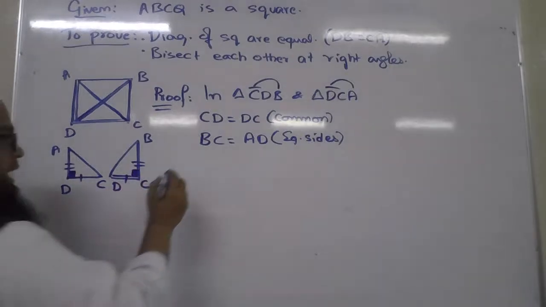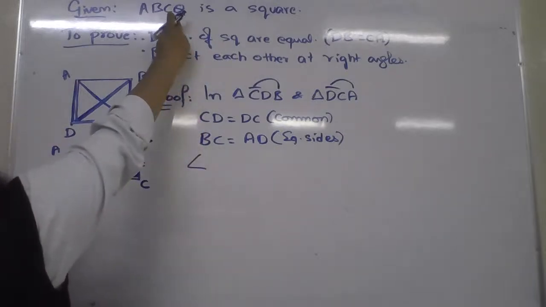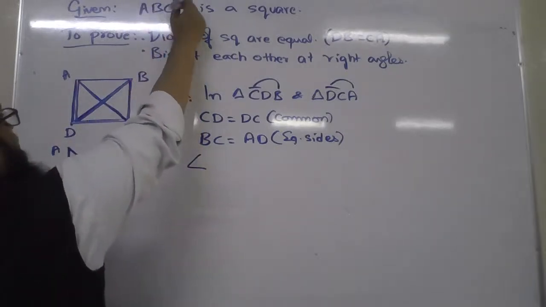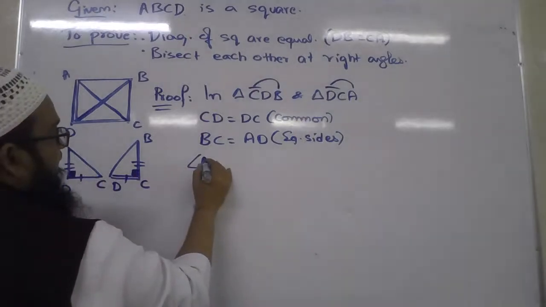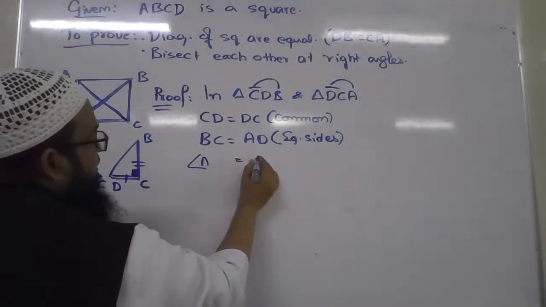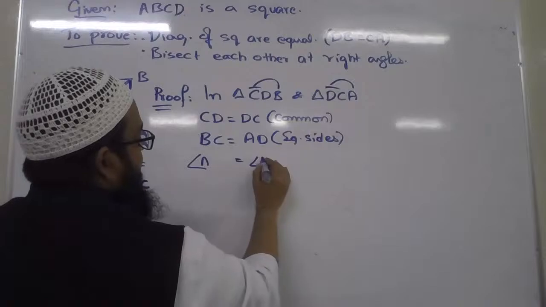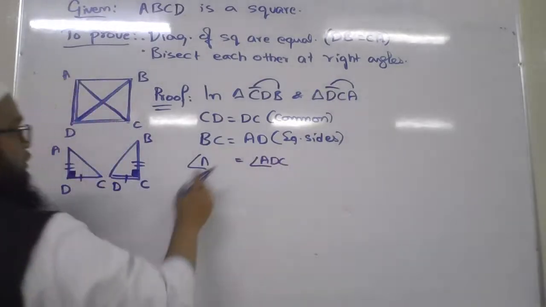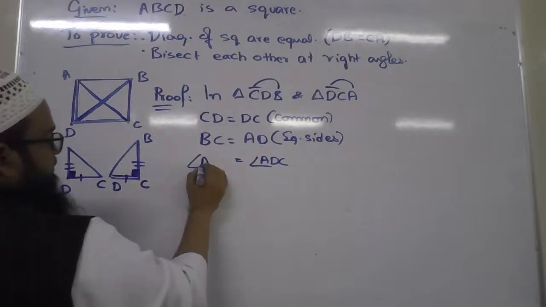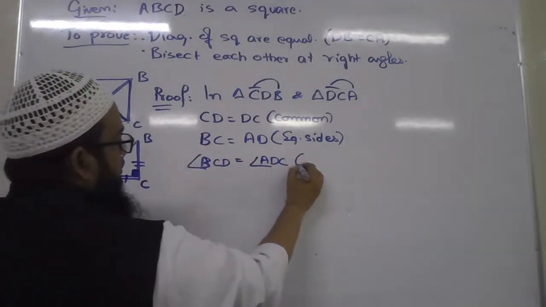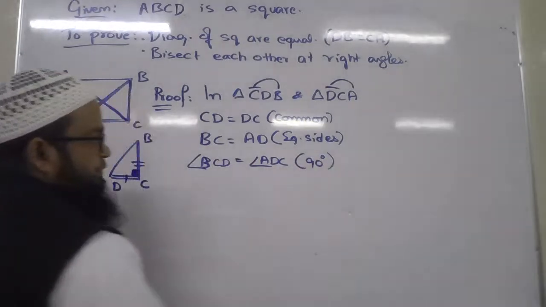So angle ADC is equal to angle BCD, which is 90 degrees.